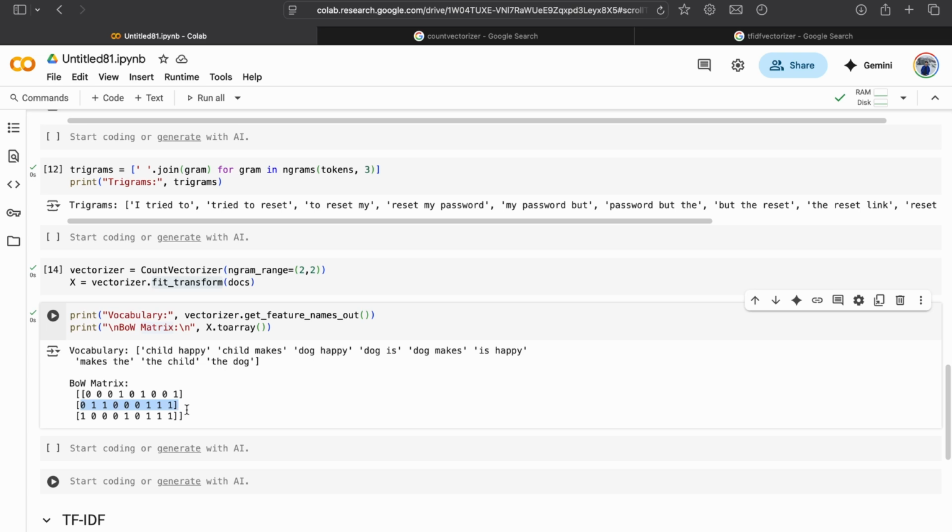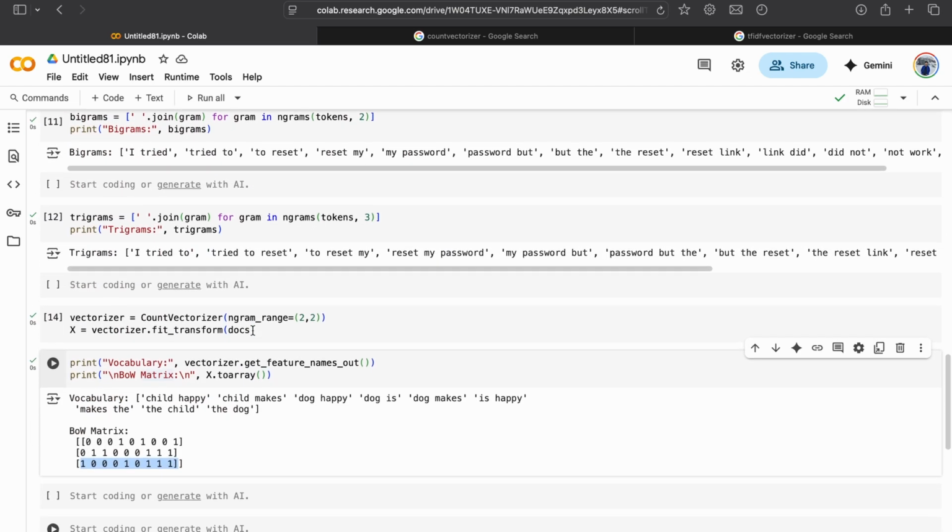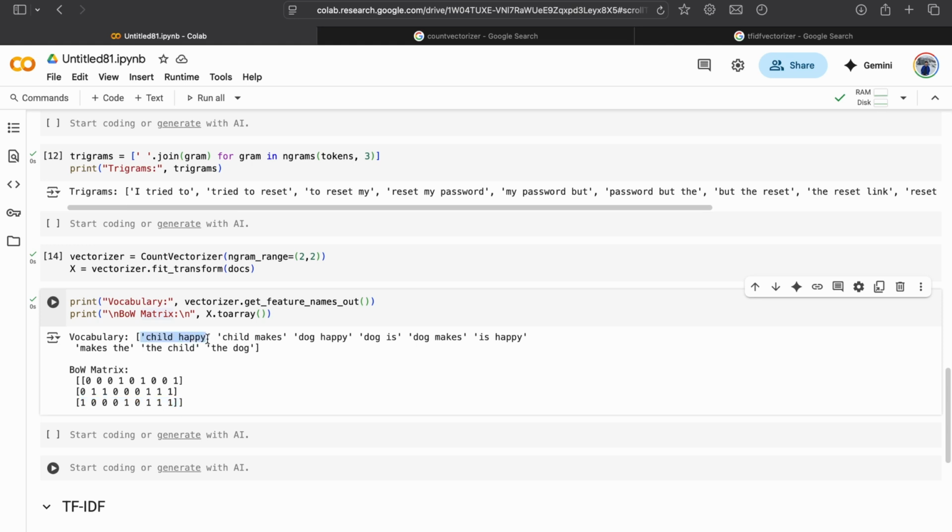And for document 2 and document 3, you see that the representations are different now. Earlier, when we were using unigram, the vectors were the same. But here we are seeing two different vectors because they are using bigrams. If you see the last sentence, it was "the dog makes the child happy." We are having "child happy," and then we are having "dog makes," "makes the," "the child," "the dog."